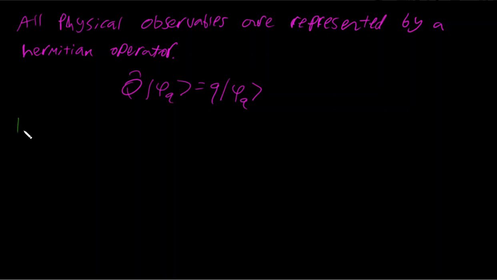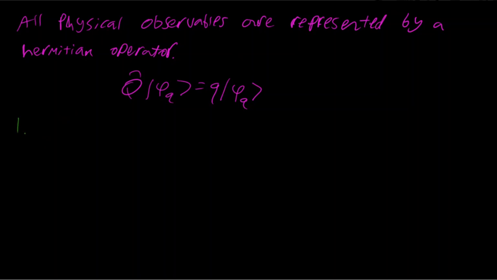We'll go through the different properties of Hermitian operators, and I will explain why each property is necessary for a physical observable. Also note a property I'm not mentioning here: Hermitian operators are linear. But that's not one of the properties here.